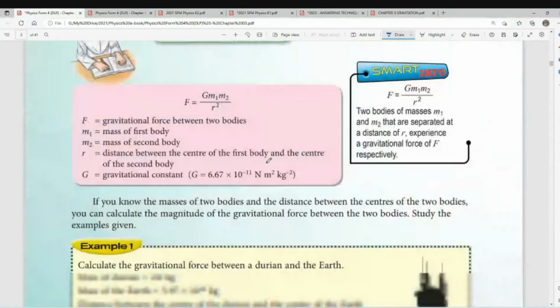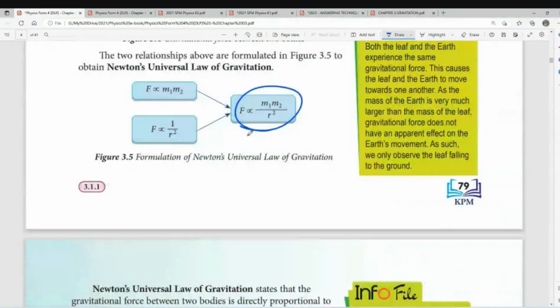This is a relationship. Based on this relationship, when we do the experiments, as I have explained before, we can only determine the relationship, whether it is directly proportional or inversely proportional.